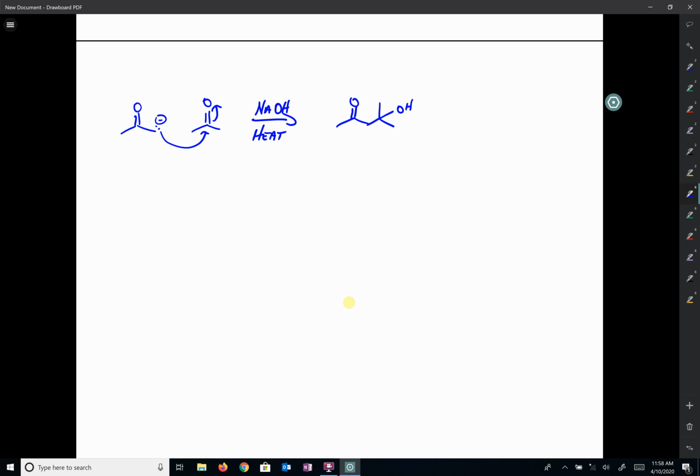And then we come in, right? Some base comes in. And we end up with an alpha beta unsaturated ketone, right?